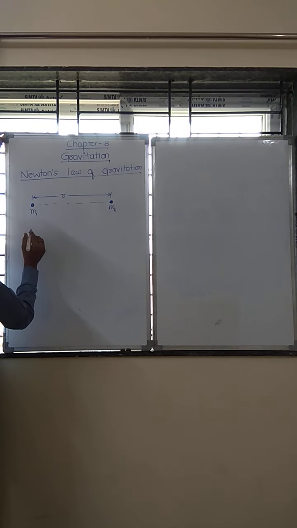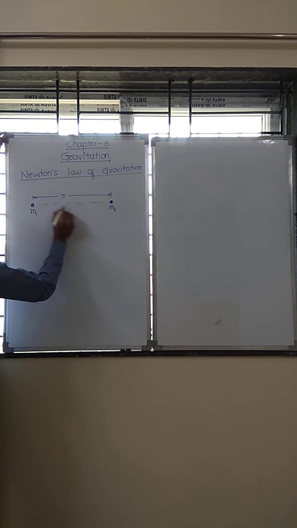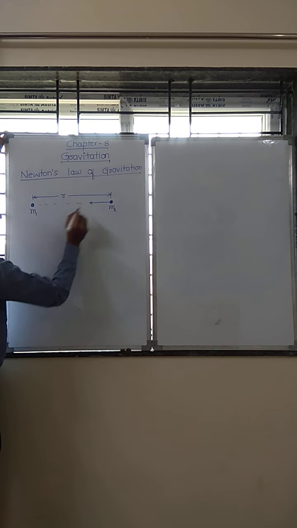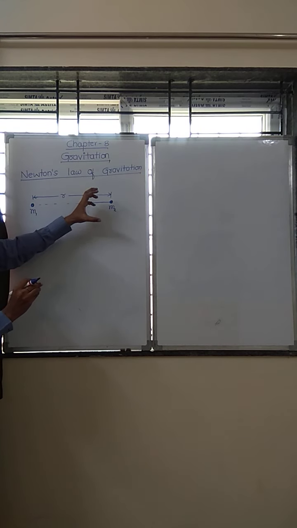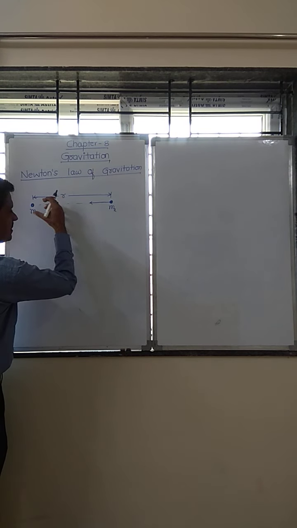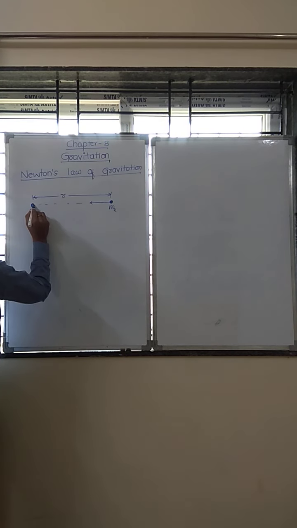According to Newton's law, M1 attracts M2, that is M2 experiences force this side, whereas M2 attracts M1, therefore it experiences force this side.